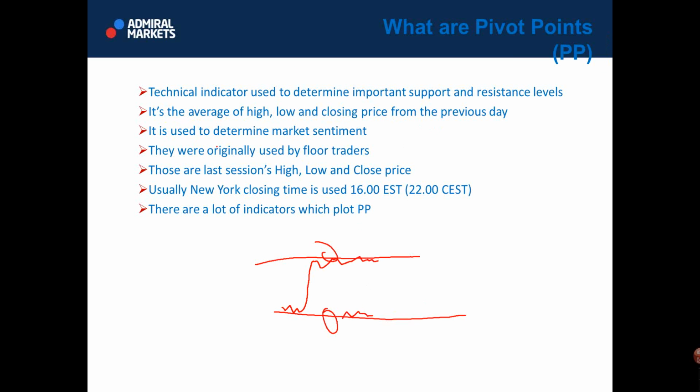Sometimes, and very often, pivot points are used to determine market sentiment. Usually when we see the Camarilla indicator in action, if the price opens above H4 and between H4 and H5, we can assume that price is very bullish, so we wait for a retrace.